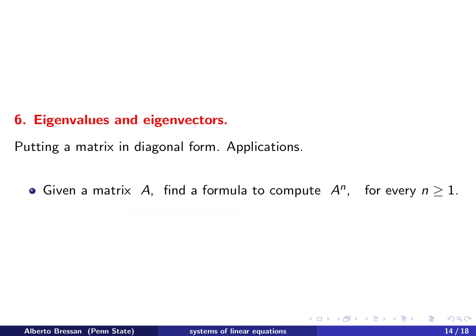So we will also study eigenvalues and eigenvectors, and then use that to put a matrix in diagonal form, and applications of that. And for example, we'll also learn to do the following. Given a matrix A, we'll find the formula to compute A to the power n for every n.